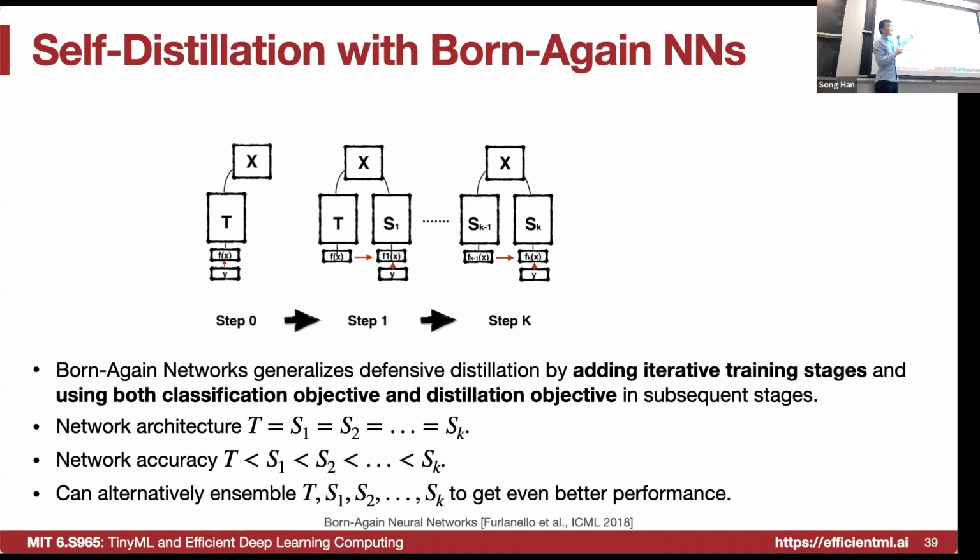The teacher model and student model have exactly the same architecture. This is not a bigger model than the student model; the network architecture for the teacher and student are exactly the same. We use the teacher model to supervise the student model.